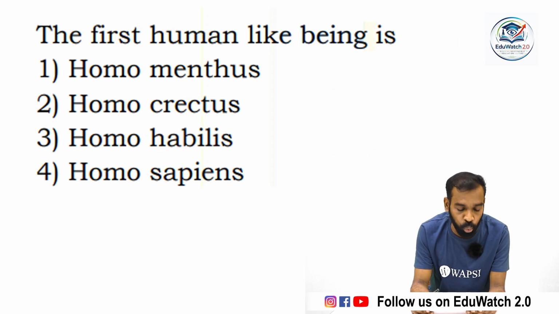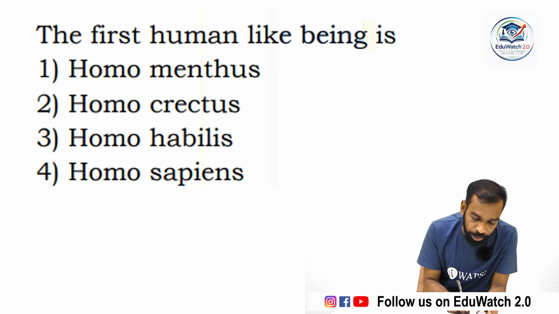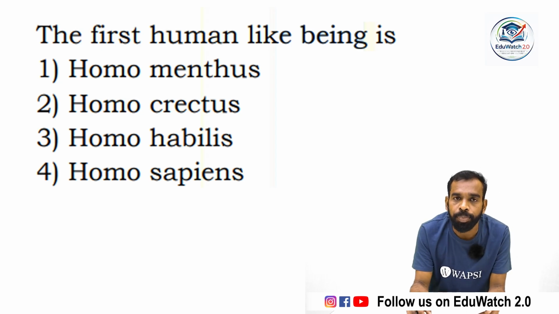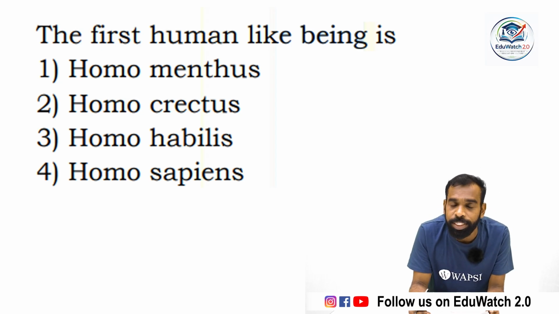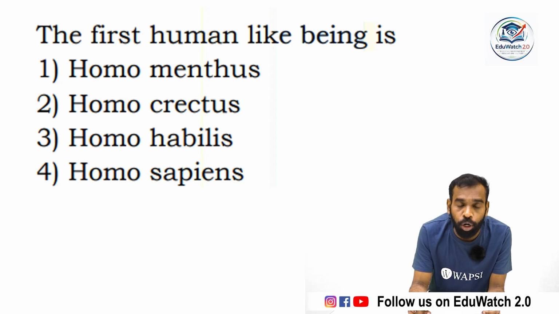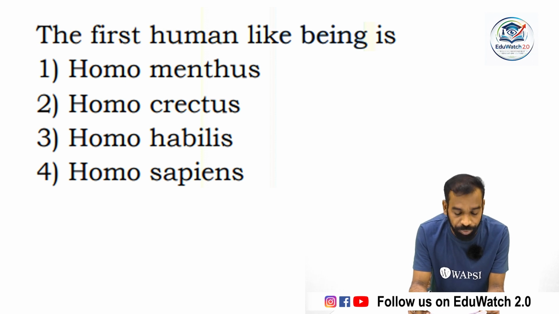Next, question number 2. The first human-like being. That question is from the evolution chapter. First ape-like organism or first human-like organism, that is Homo habilis.